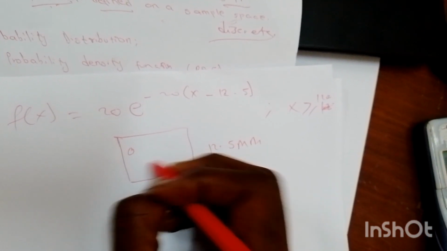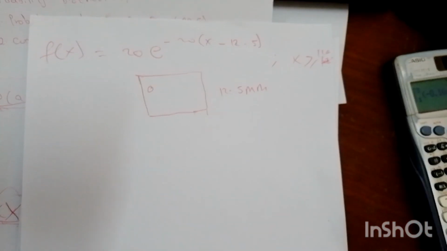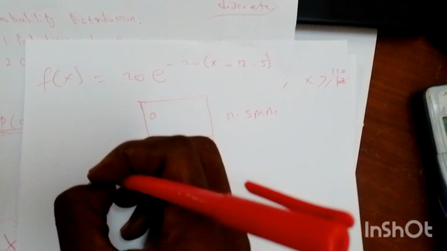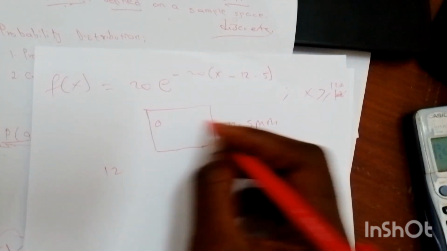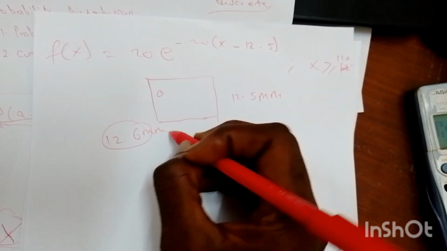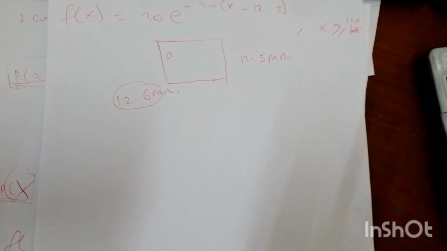So this is the target, but then you are trying to make another one of, say, 12.6 millimeters. This is the question in the slide: what proportion of the part is scrapped?